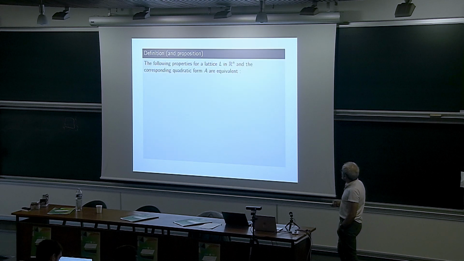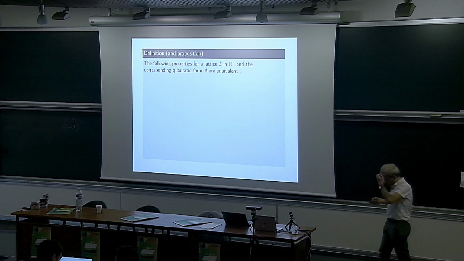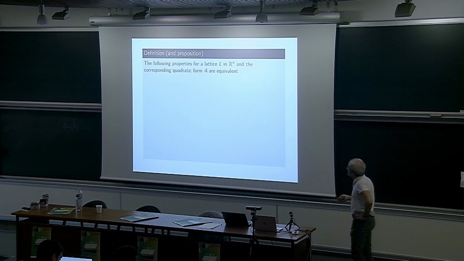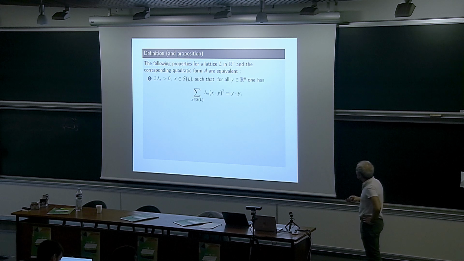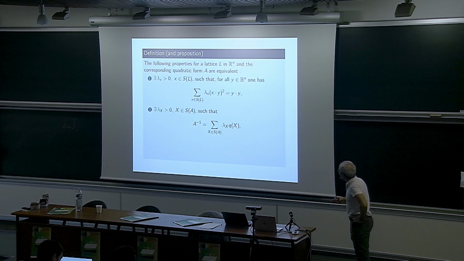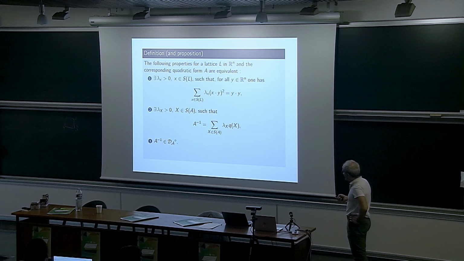Okay. The second definition I will need before I can formulate a Voronoi theorem is a notion of eutactic lattice or form. Again, I wrote down three equivalent characterizations, and here I will concentrate only on the third one, which is that a quadratic form is eutactic if its inverse lies in the interior of, oh, I made a mistake here. It's not the interior, it's the relative interior.